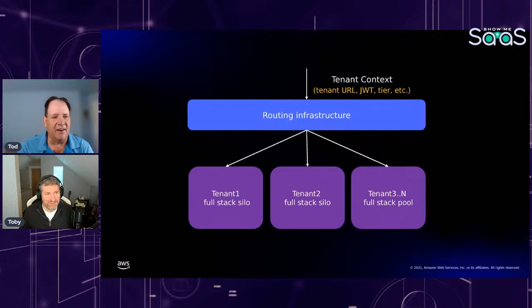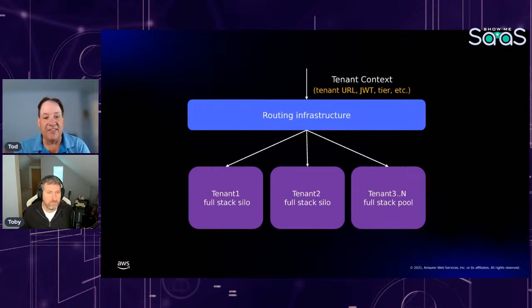But even here, I talked about the fact that if you come in, I've got this big blob of something called routing infrastructure as a placeholder, depending on what kind of environment you're in and what kind of mechanism you're using. And I say, hey, I've got full stack silos here, right? So I've got two tenants running in full stack silo. And by the way, super common, I've got a pooled environment as well running alongside it.